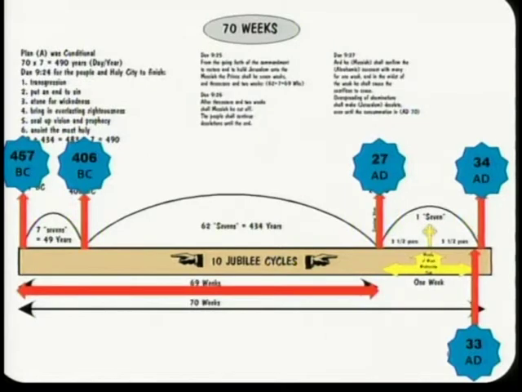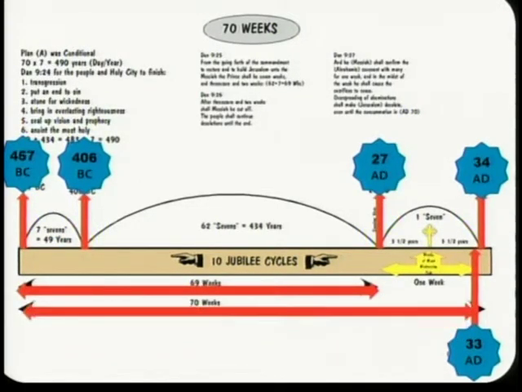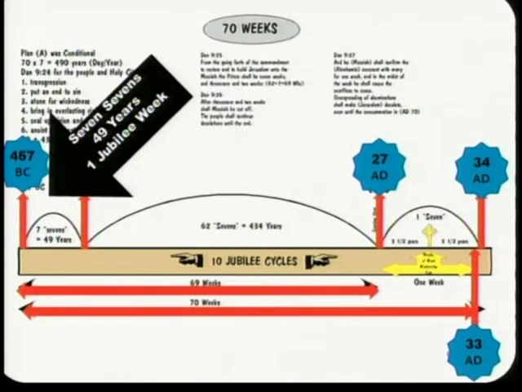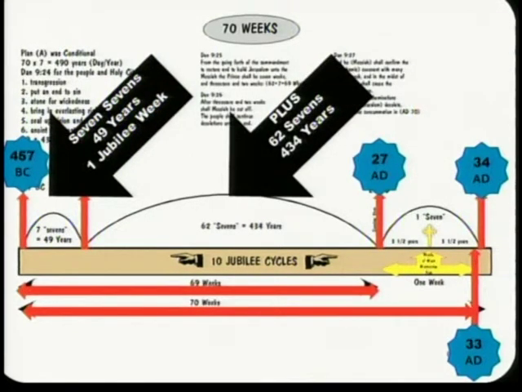The 69 weeks actually runs from 457 BC to 27 AD, the appearing of the Messiah. The 70 weeks prophecy runs from 457 BC and extends on to the end of 33 AD. Right here we have the 7 sevens, which are 49 years, which are the one Jubilee week.